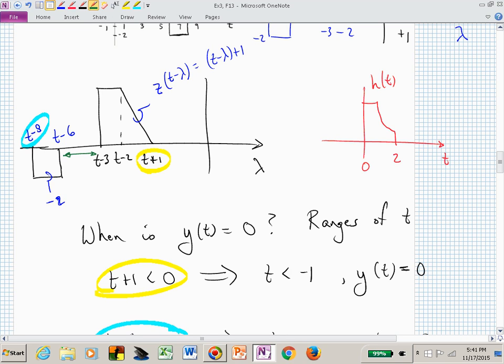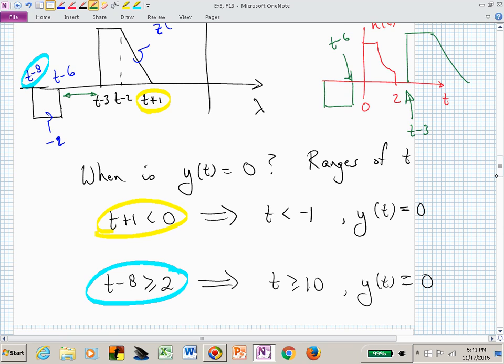That's 3. It's 3 wide between, let's say, the left side of z of t minus lambda at t minus 3 and that other piece at t minus 6. I'm basically saying, when I have this picture, I'm not going to have any output y. This is now t minus 3, and this is t minus 6. So if I try to account for that, how do I express that?